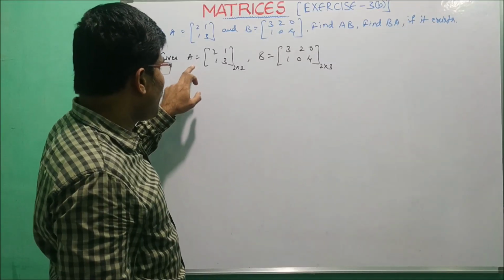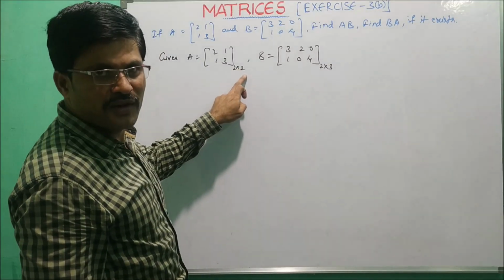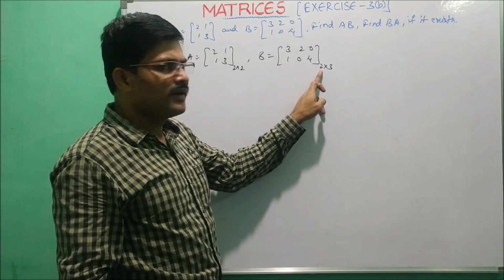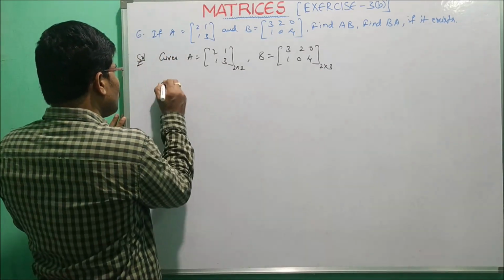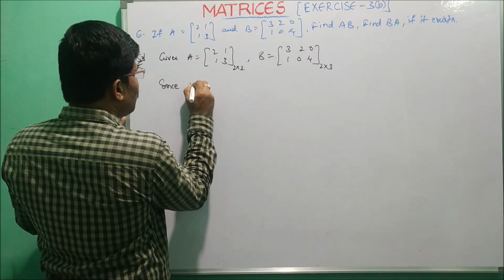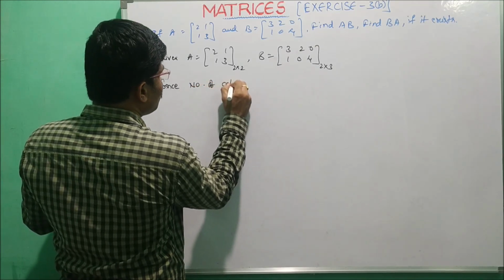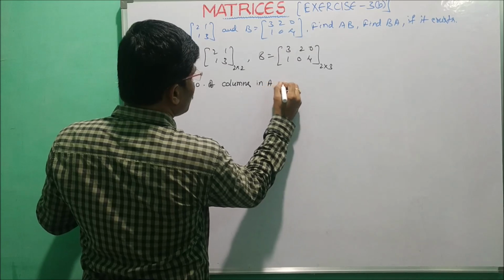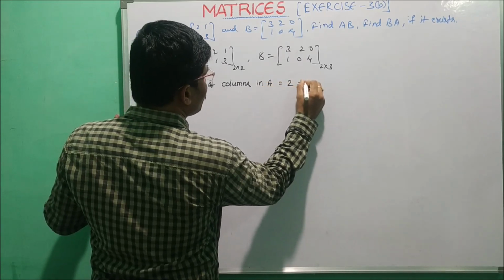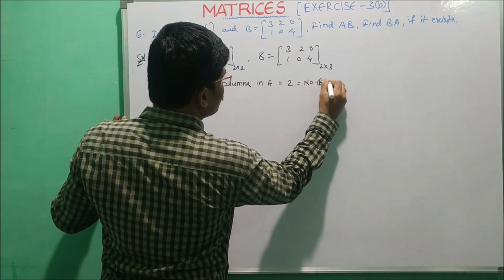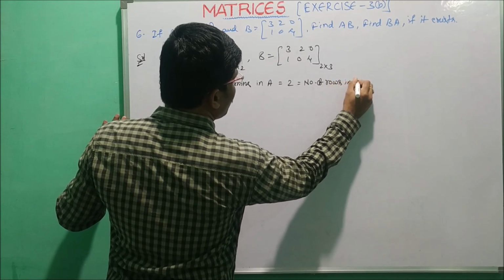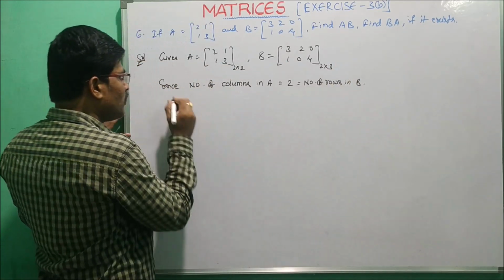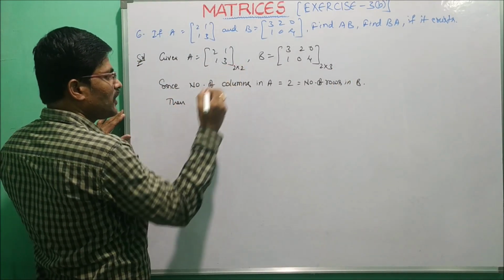Now the number of columns in matrix A equals the number of rows in matrix B. Since the number of columns in A equals 2, that equals the number of rows in B, therefore the product AB will exist.